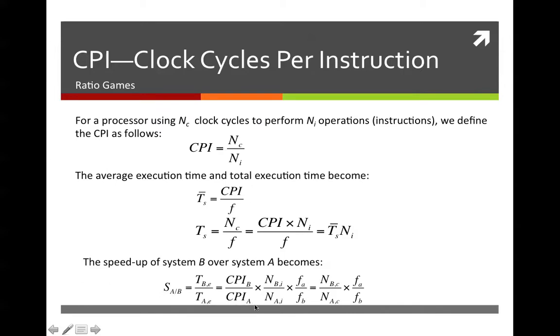And the same goes for the number of instructions that B executes. As that becomes more, then the speed up becomes more for A over B, and as the number of instructions for system A goes up, then of course speed up suffers. And finally, frequency is the same way. The higher the frequency of system A, the higher the speed up is going to be. And that's how this ratio works. So you could really relate to all this stuff.